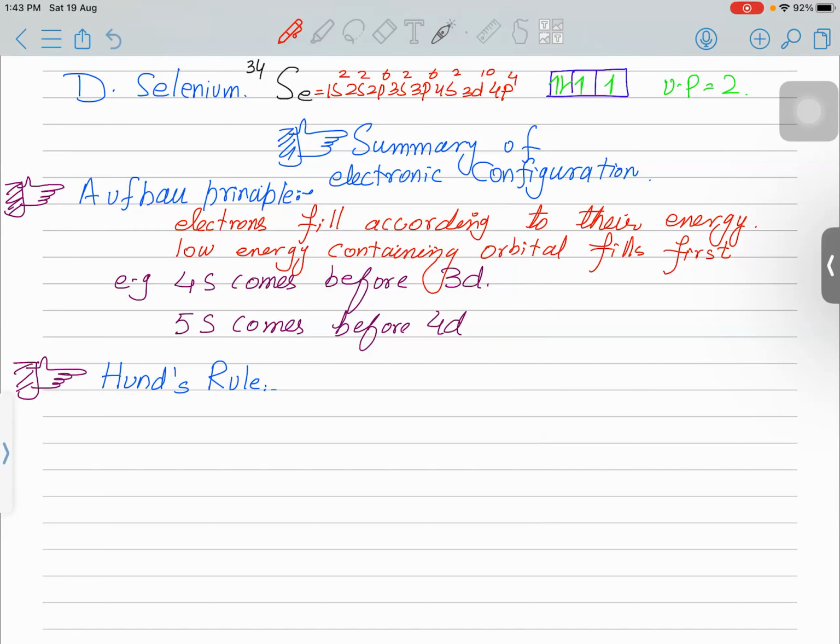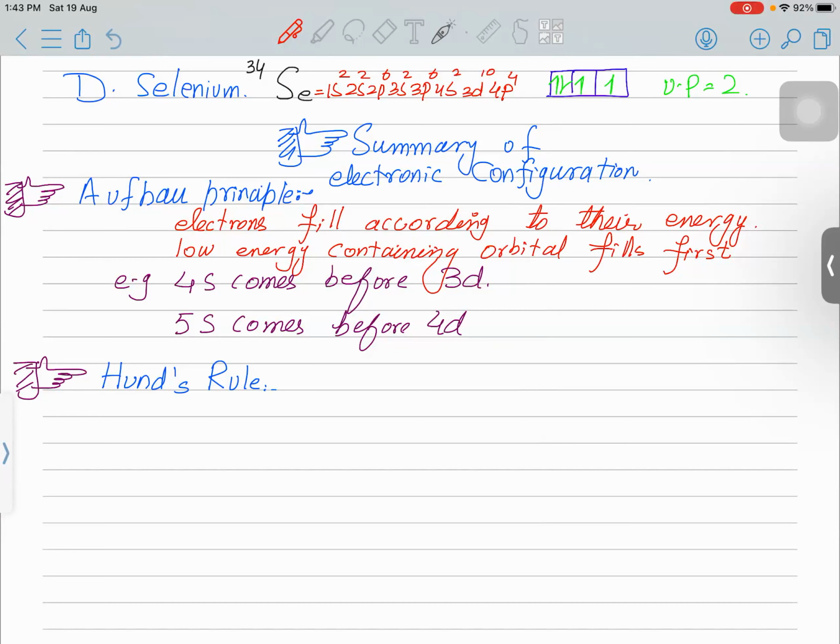According to Hund's rule, every orbital in a subshell is singly occupied with one electron before any one orbital is doubly occupied.